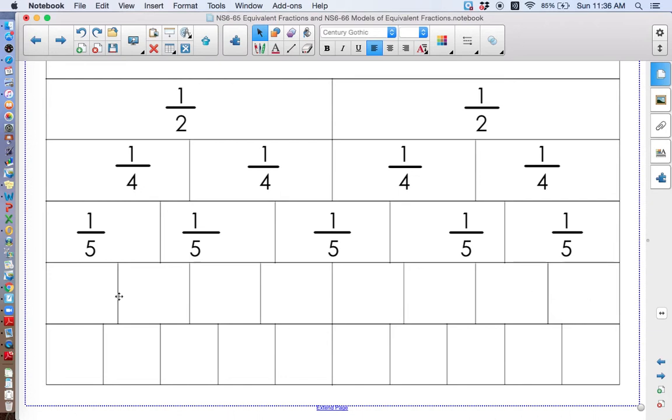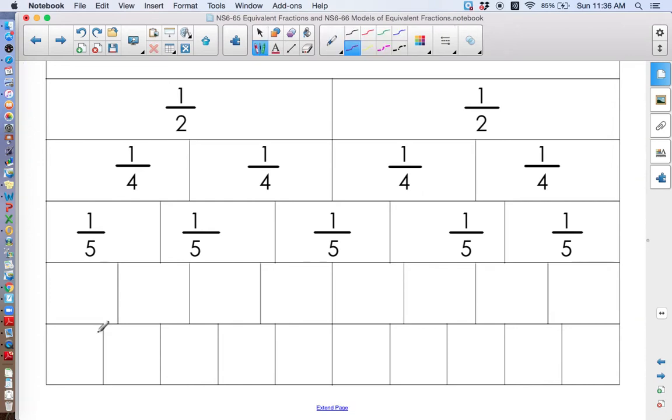So these strips are eighths. Okay, each of them represent 1/8. Do any fifths fit into eighths yet? I don't think so.